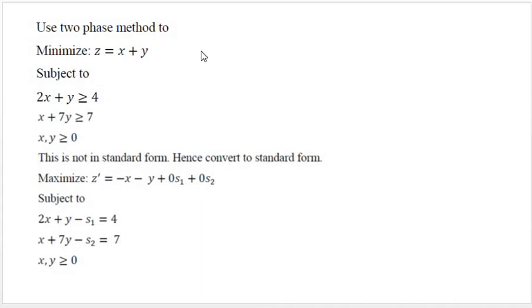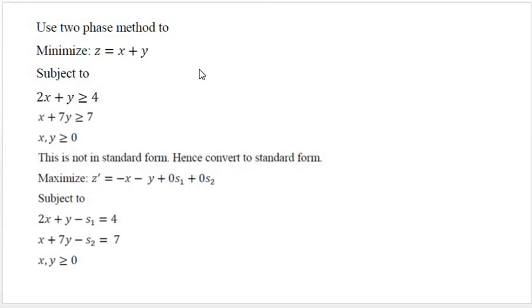In the two-phase method, first construct the simplex table by replacing the original cost associated with the objective function with 0, and then obtain the optimal solution with respect to the cost associated with the objective function as 0, and from the final simplex table of phase 1 we can calculate the optimal solution of the given LPP.